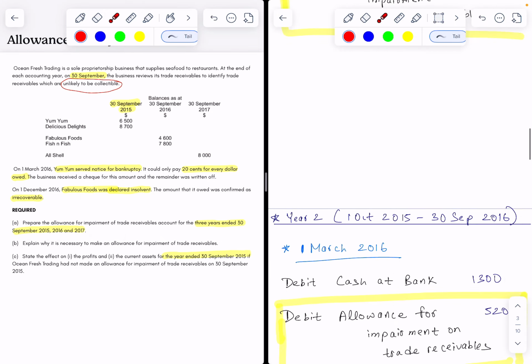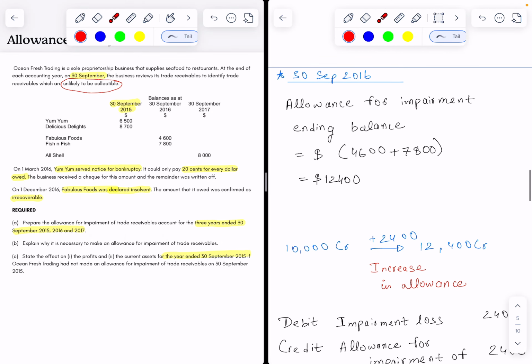So in the second year, after the Yum Yum thing is dealt with, we have got the end of financial year at 30 September 2016. So at end of 30 September 2016, we know we had got two customers, Fabulous Foods and Fish and Fish. So Fabulous Foods owed us $4,600 and Fish and Fish owed us $7,800.